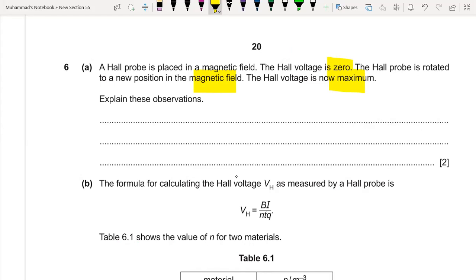If you place the Hall probe parallel to the magnetic field, the voltage will be 0. And if it is placed perpendicular to the magnetic field, the voltage will become maximum.